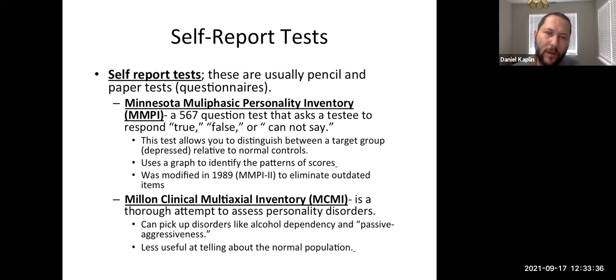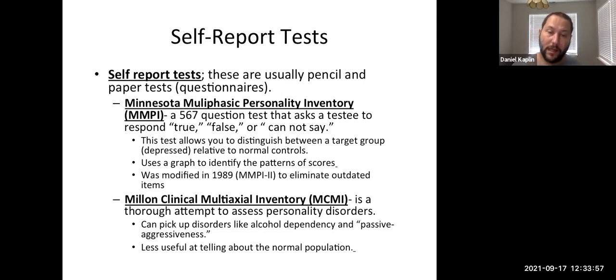Typically, the MMPI does a good job at identifying common clinical problems, but personality disorders, the MMPI does not do a good job. And I guess I should say there is the MMPI-3, since it's not on a bullet point, which recently came out.